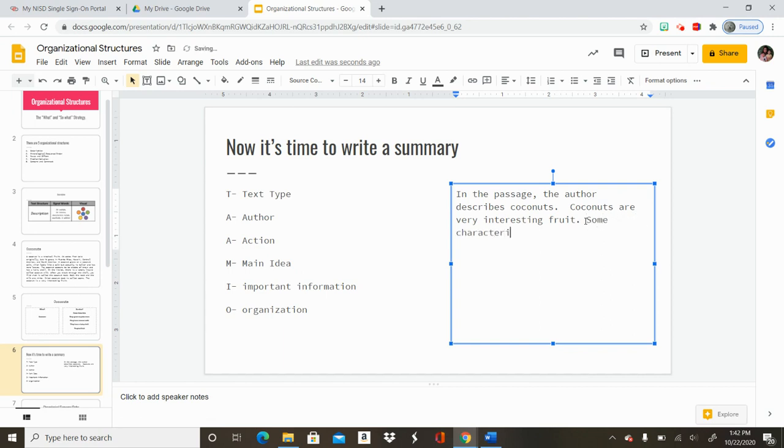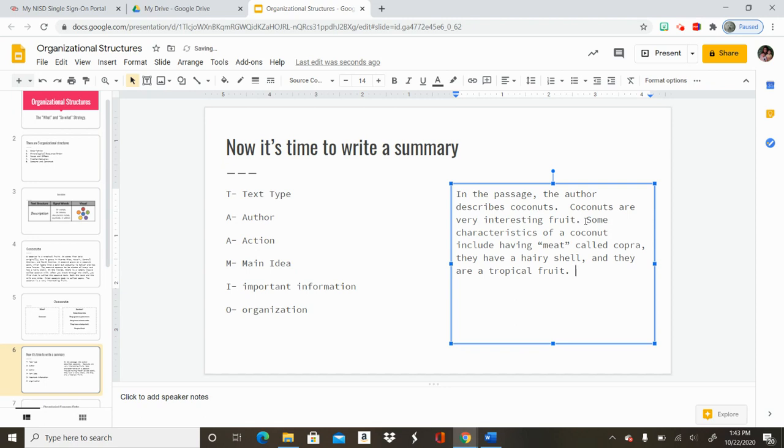Some characteristics of a coconut include having meat called copra, they have a hairy shell, and they are a tropical fruit.